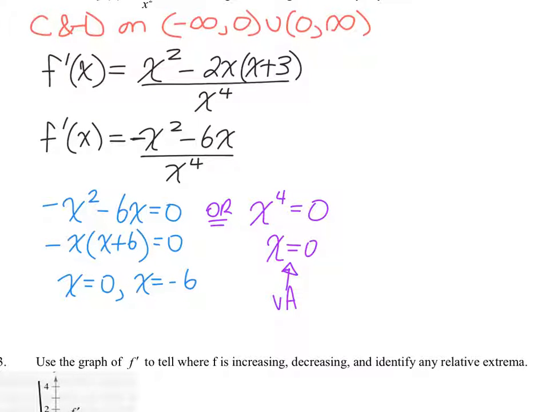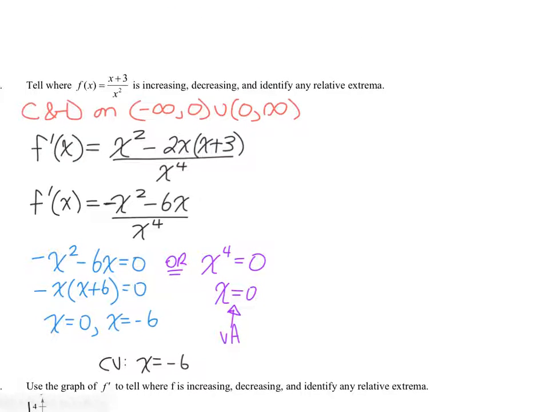Oh, we do have one unique critical value, and that would be x equals negative 6. The others are not unique, and they're both vertical asymptotes anyway, referring to the same vertical asymptote. So if there is a relative extremum, it would have to be at negative 6. So that's what the sign chart is going to help us figure out.